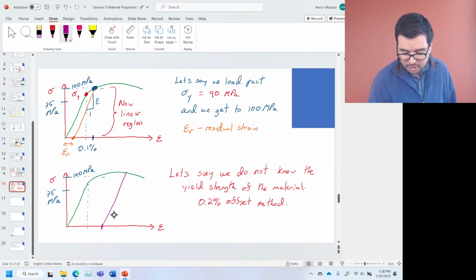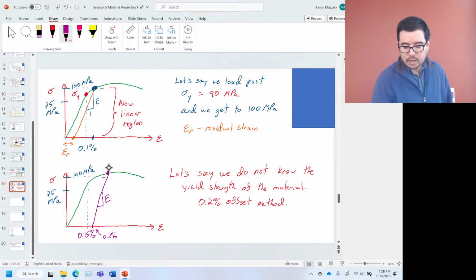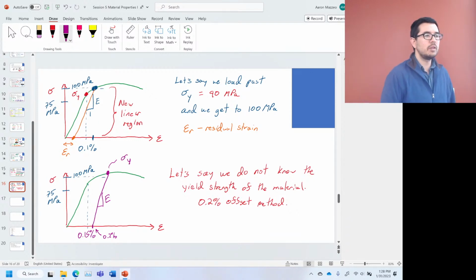Let's say this is 0.15% right there, and that this right here is the 0.2%, and it goes something like that. Again, that's not the greatest. But you draw this with a slope of E, and then this value right here becomes your estimate for the yield strength.